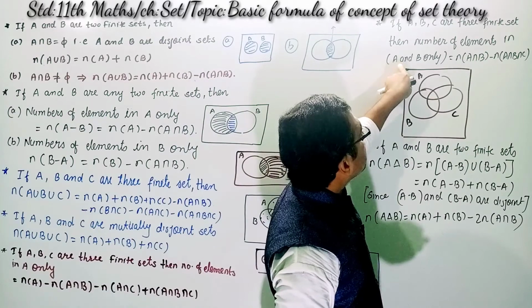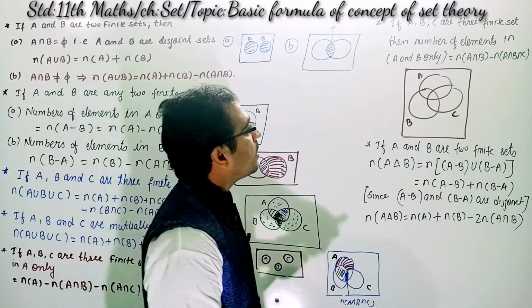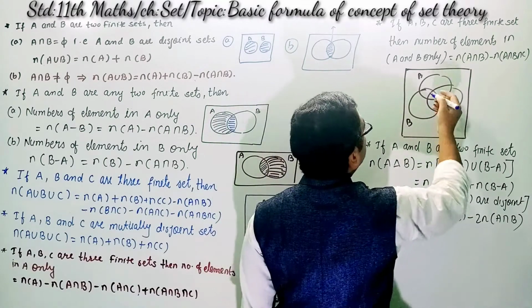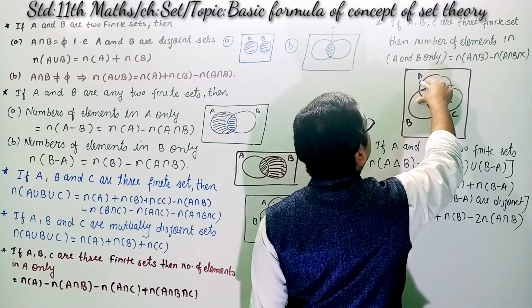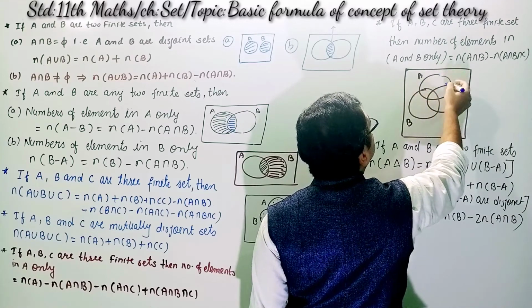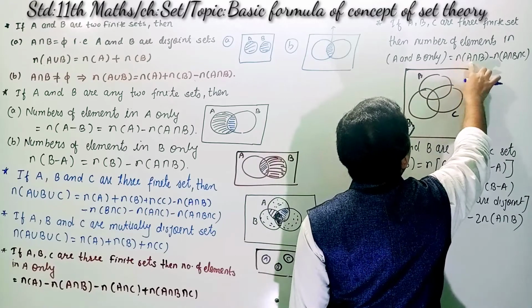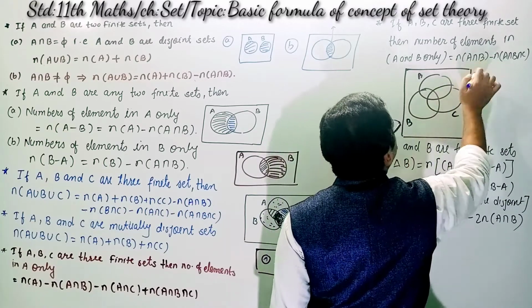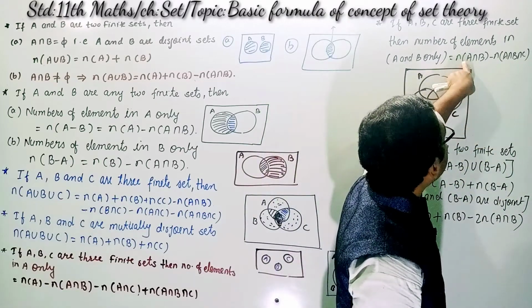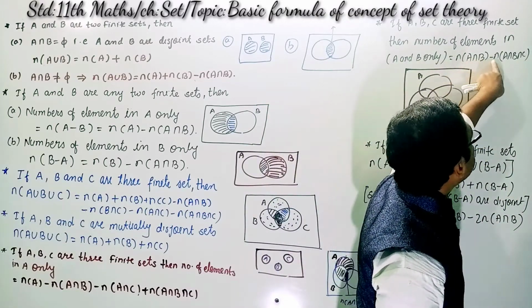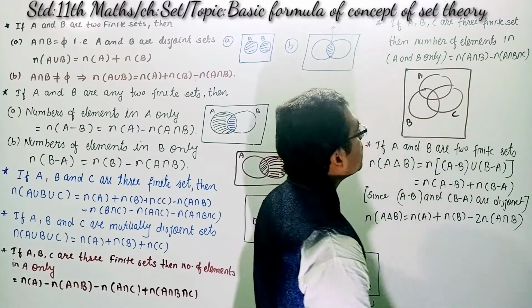The number of elements in A and B only. You want to find the number of elements of A intersection B, so you will write: number of elements of A intersection B minus number of elements of A intersection B intersection C.